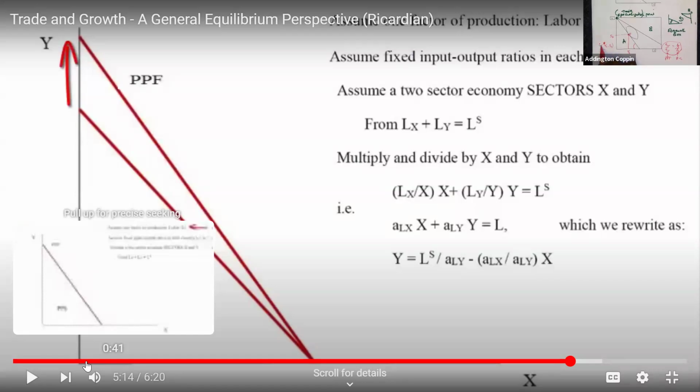That's the bundle at point E. There's a second country, country B, which also has its own equilibrium, its own ratio of prices, which is effectively the opportunity cost. I'm not choosing the labels meaningfully here, but call that point F.